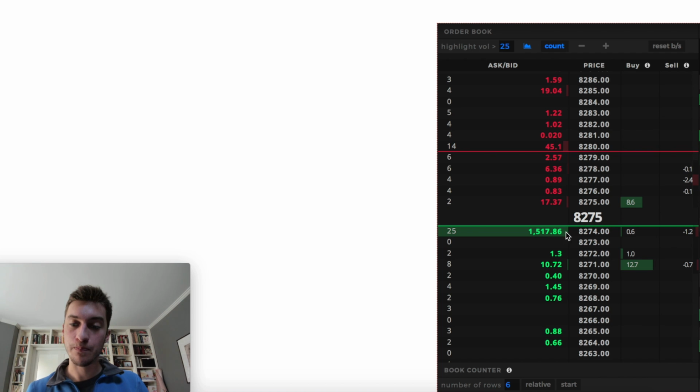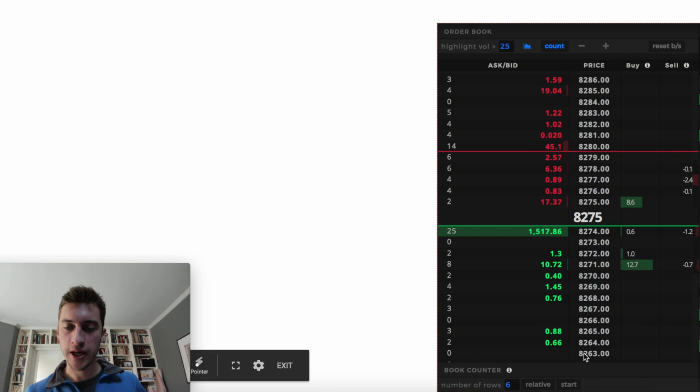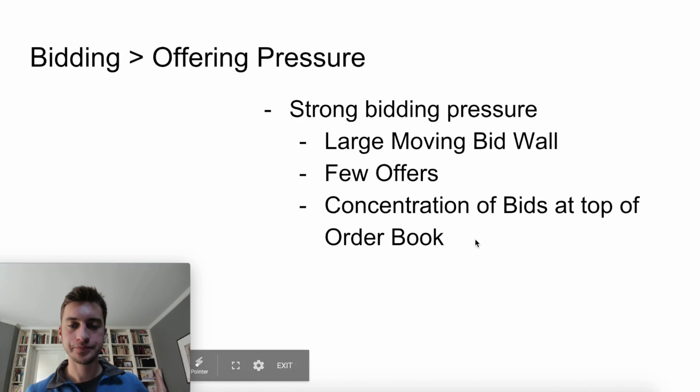But if you see offers that are evenly distributed, but then you see many bids that are at lower prices and just no bids here, price will likely just sell down to a point where there are many bids. So really, a strong order book would not look like that. It would have many bids at the top of the order book, as you can see here.